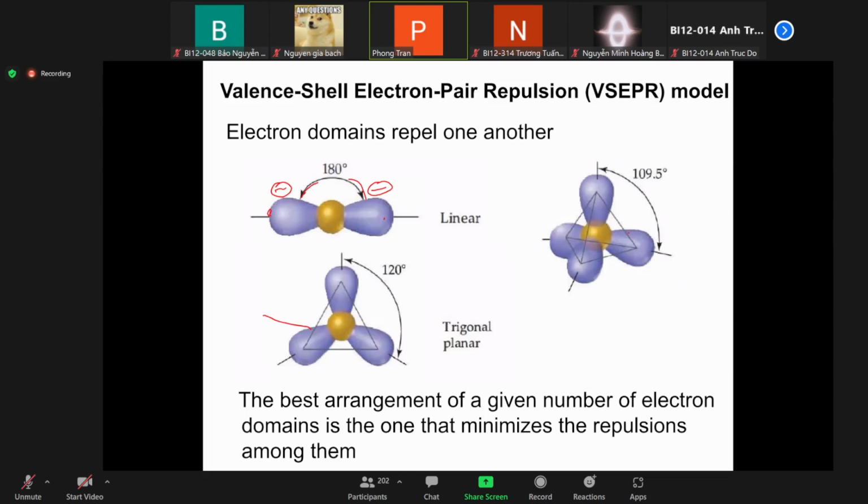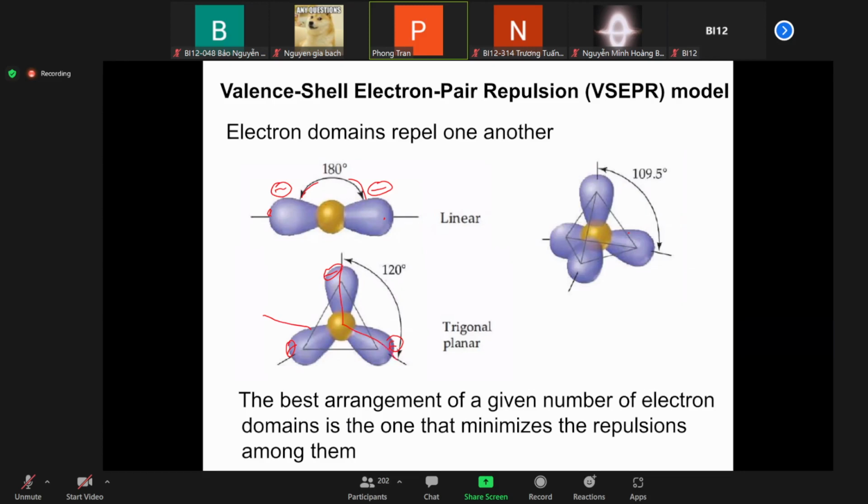If you have three domains like this one, the three domains will try to stay as far from each other as possible on the same plane. So the optimal arrangement will be the trigonal planar, where the angle will be 120 degrees.